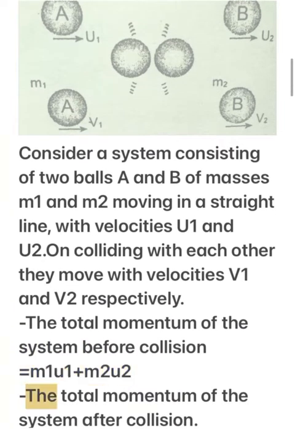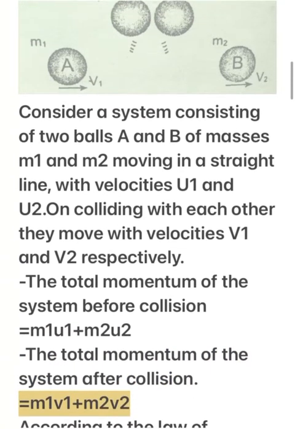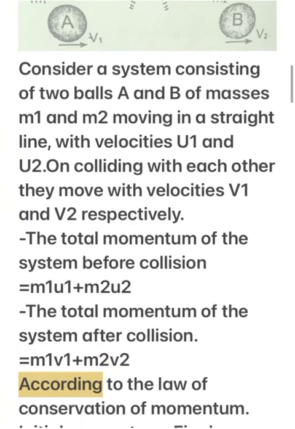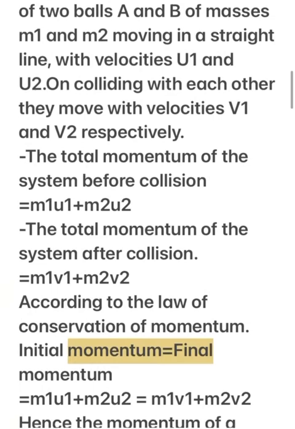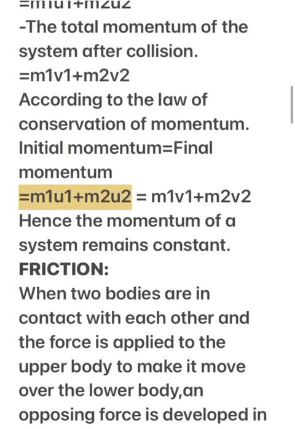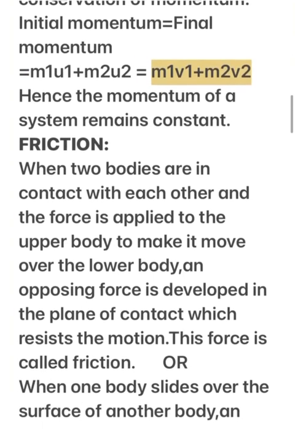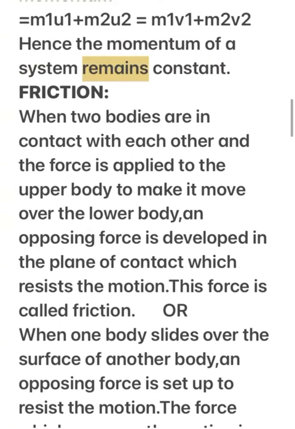The total momentum of the system after collision equals m1v1 + m2v2. According to the law of conservation of momentum, initial momentum equals final momentum: m1u1 + m2u2 = m1v1 + m2v2. Hence the momentum of a system remains constant.